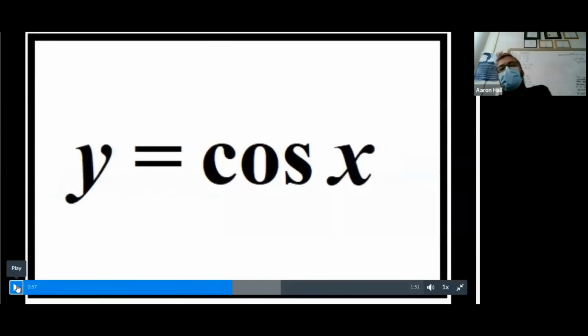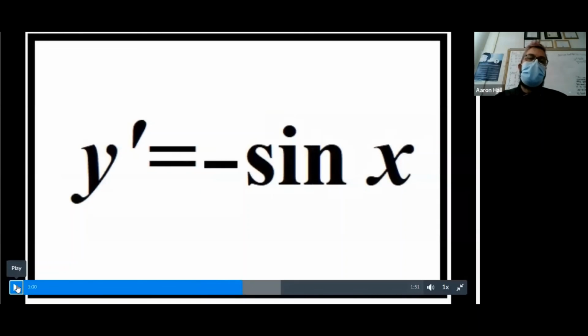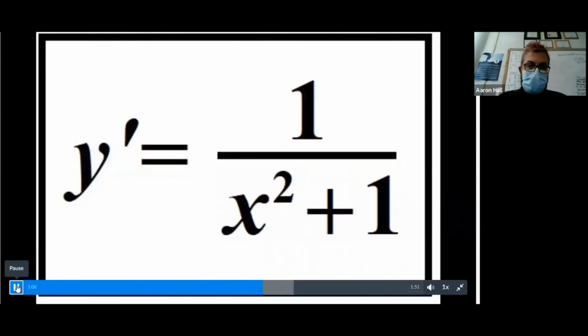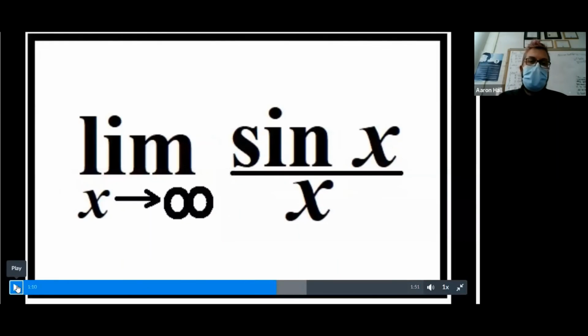What is the derivative of cosine of x? Nice. Oops, sorry. What is the derivative of the inverse of tangent of x? 1 over x squared plus 1. Good. What is the limit as x approaches infinity of sine of x over x?